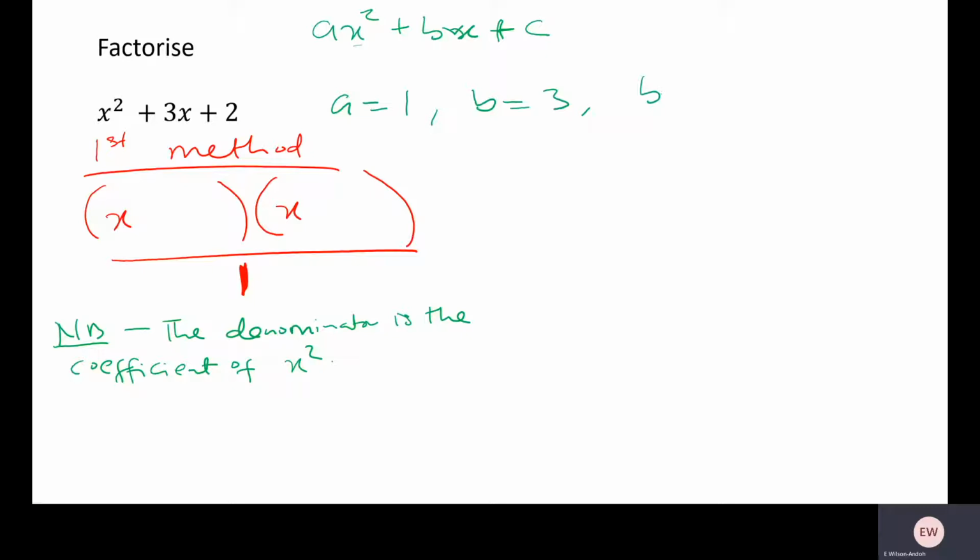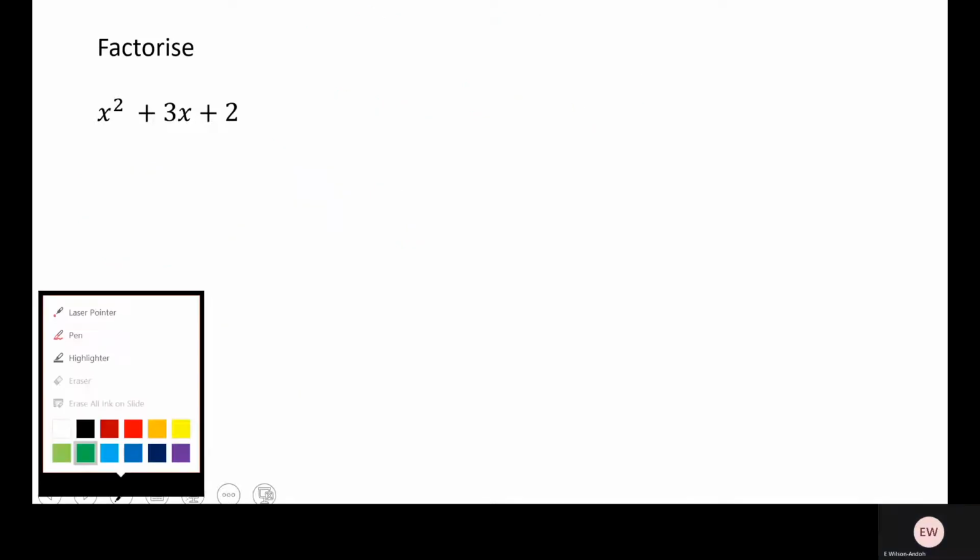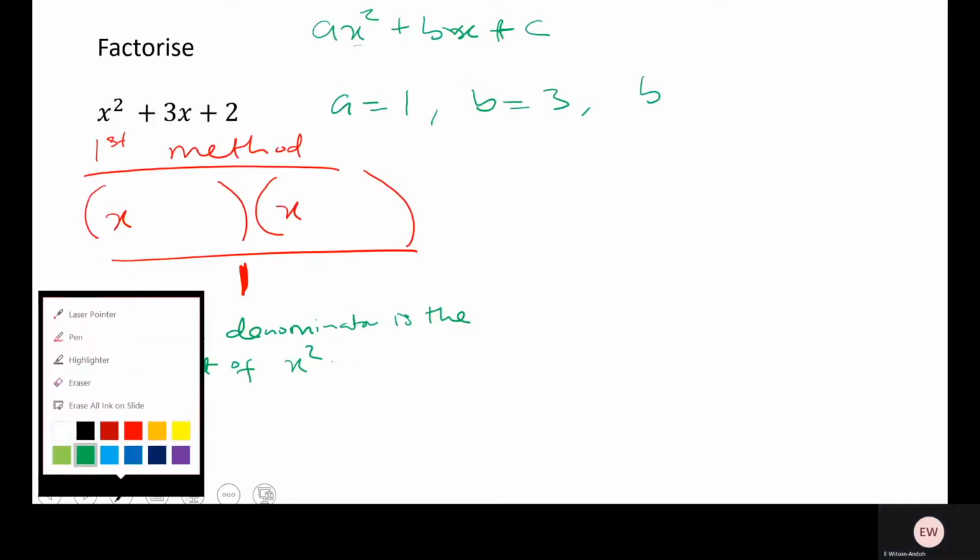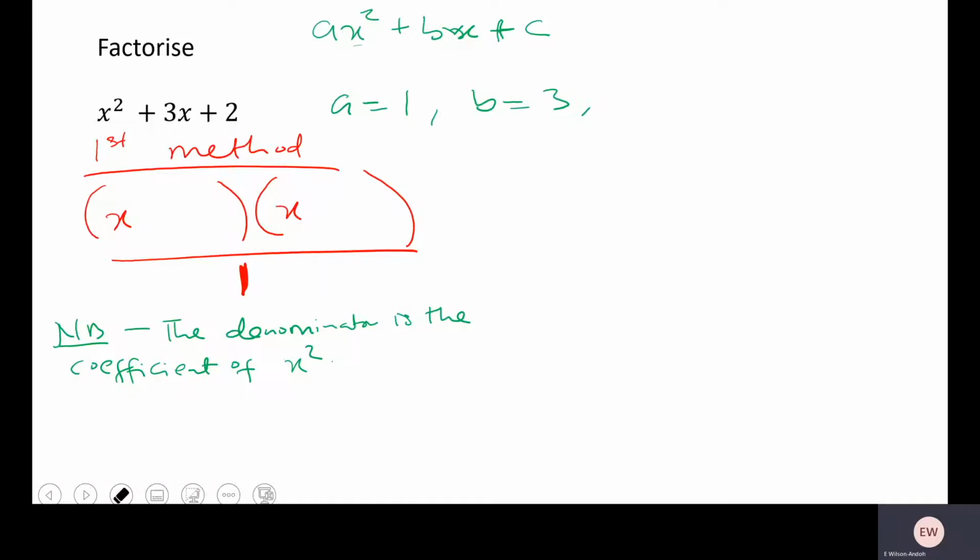And our c is positive 2. Now we find ac, which is a times c. So we have 1 times 2, because a is 1 and c is 2, and this gives us 2.